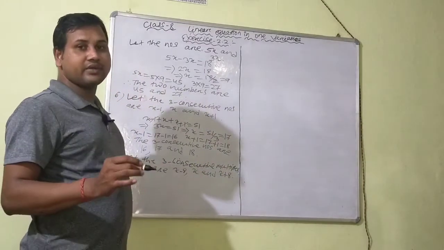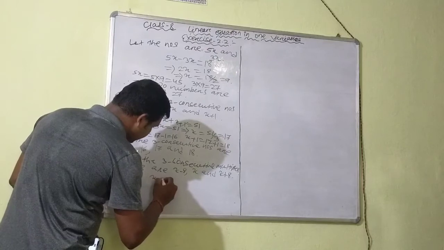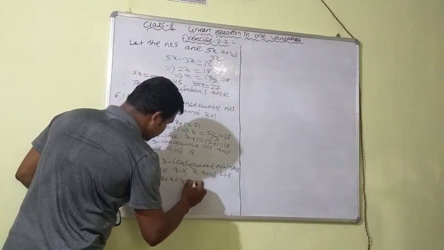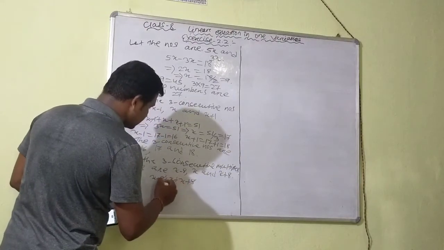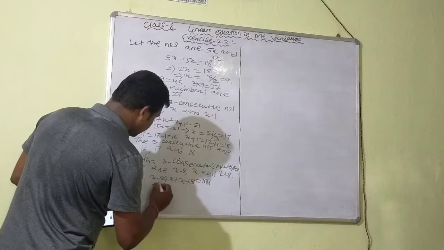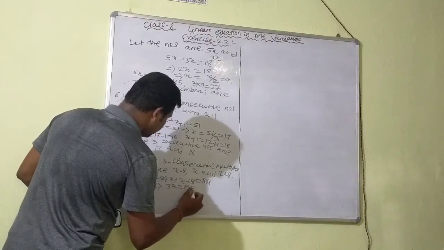Their sum is given 888. So we'll write x minus 8 plus x plus x plus 8. Plus 8 minus 8 cancel, that is equal to 888. We'll write 3x equal to 888.